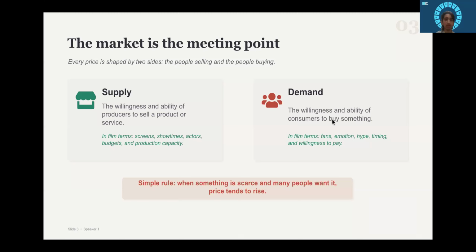For example, when a concert happens, hundreds of thousands of people want to buy a ticket, but there would only be around 50 or 100 seats. So people buy the tickets and then resell them for hundreds of rupees because there's high demand and low supply. This is why the price increases.